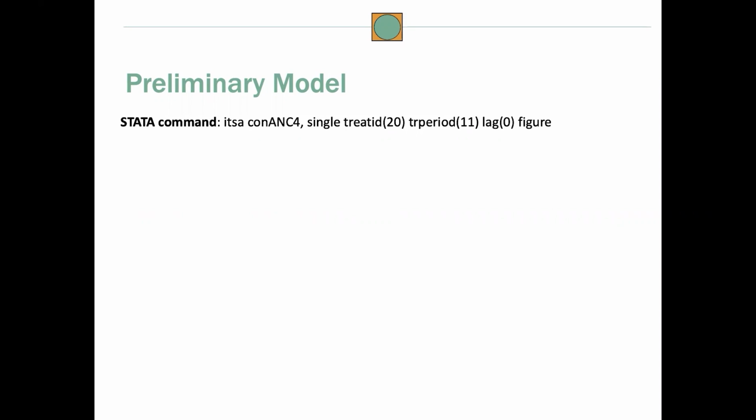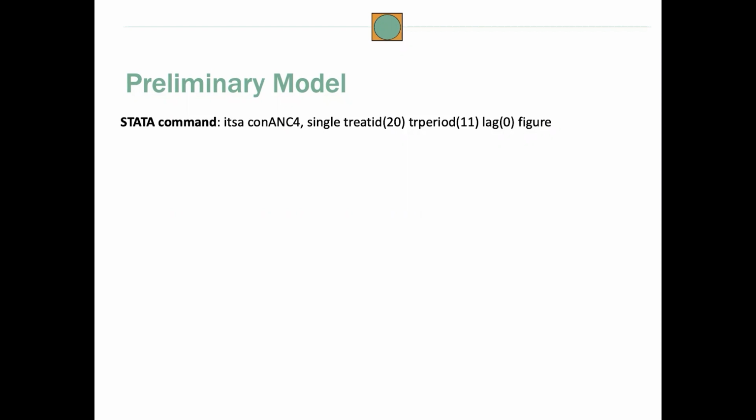We included single because we're running a single interrupted time series analysis. We indicated the unique identifier for Gold Coast, which is the number 20, and the policy was implemented in November 2017, which is the 11th time point in the time variable. As I said previously, we're assuming no autocorrelation, and we specified figure because we want Stata to produce a graph as part of our output.